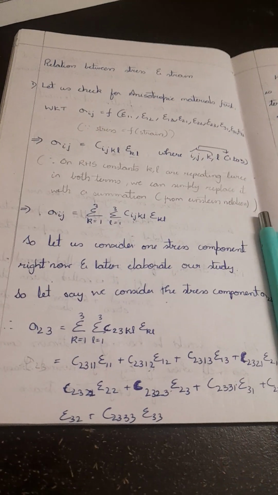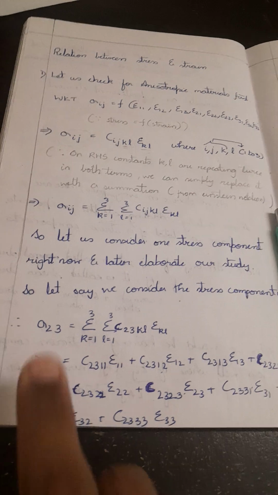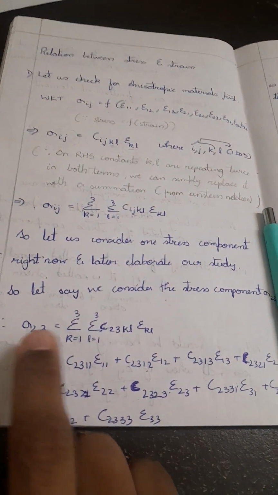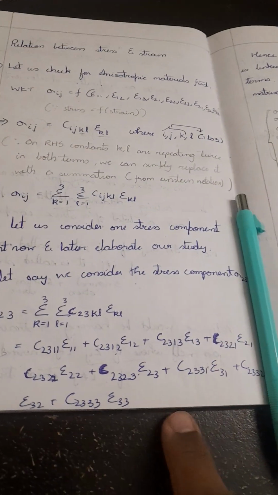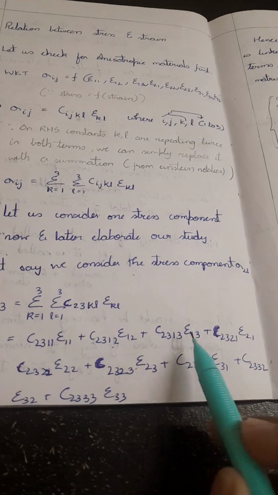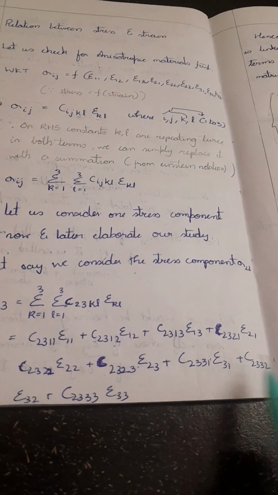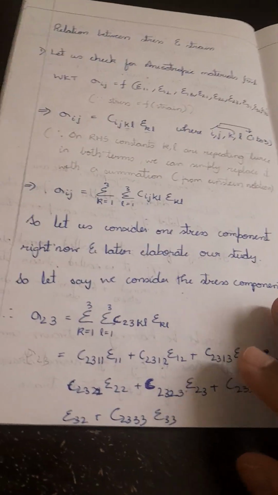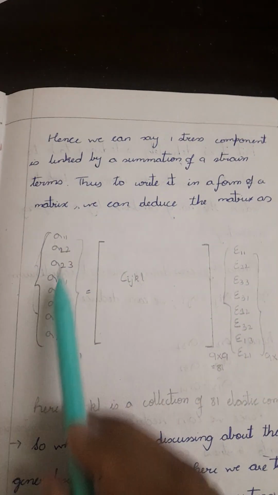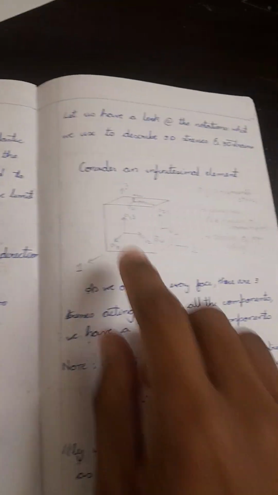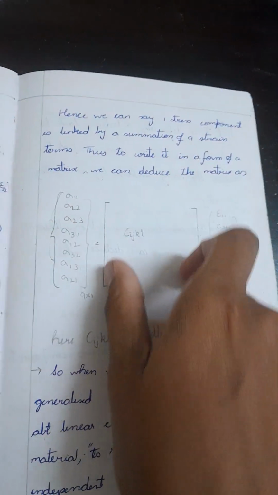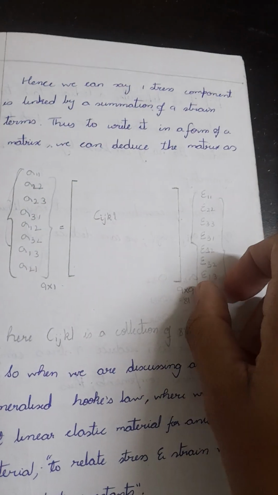So in summation, what I can say is that one stress component can be written as a sum of 9 strain components. If you see here, we've got 1, 2, 3, 4, 5, 6, 7, 8, 9 strain components. So the 9 stress components we've seen here can be written as the Cijkl matrix times the 9 strain components.